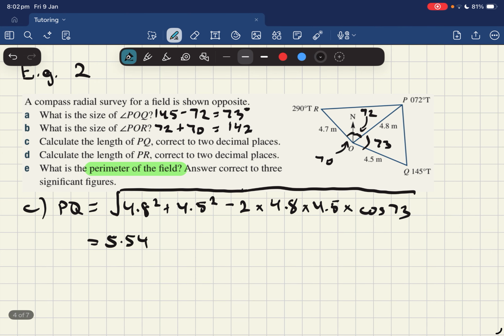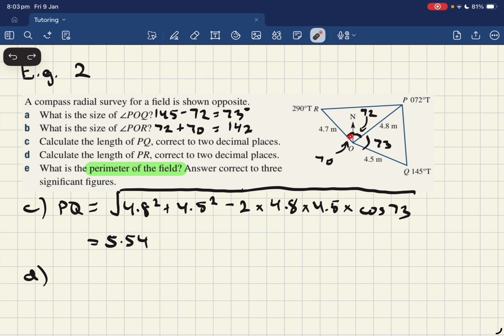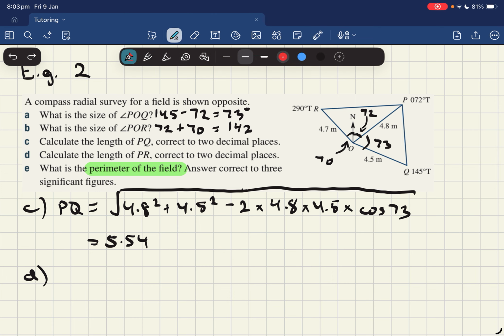Next one, length of PR. So D. PR, I'm using the value that I found in part B, because that is my angle in here. And to find PR, I have one side, another side, and a third side. So 3 sides, one angle, cosine rule again.